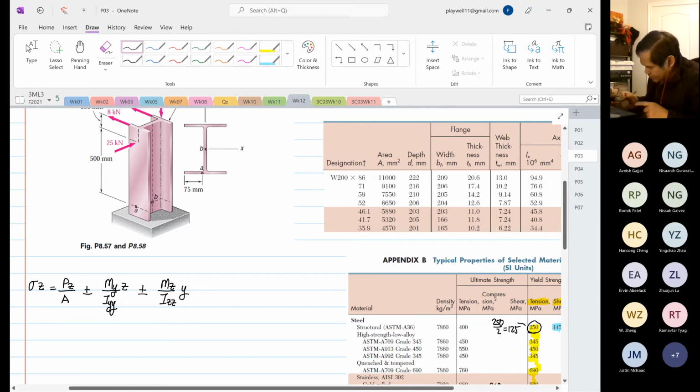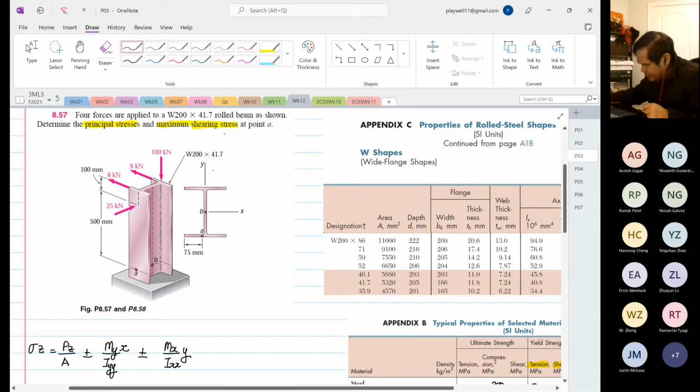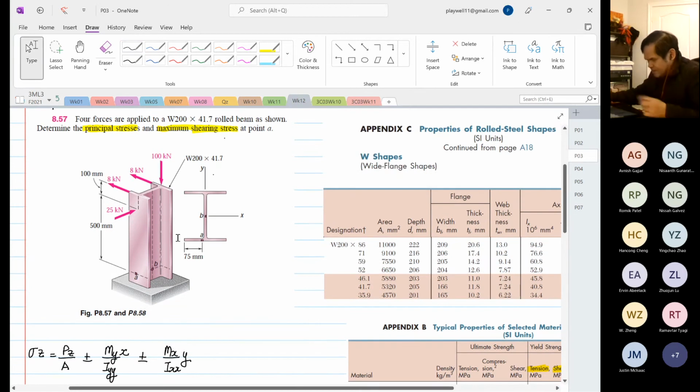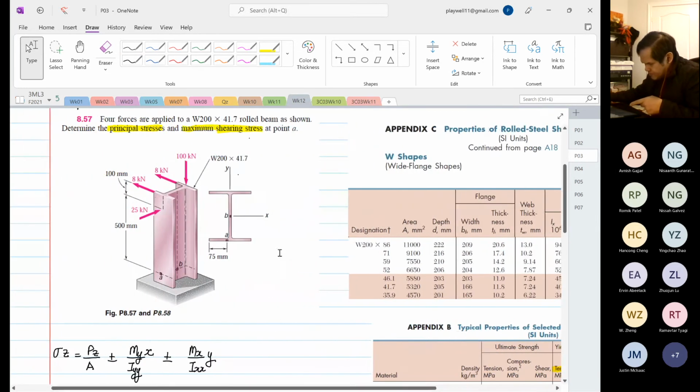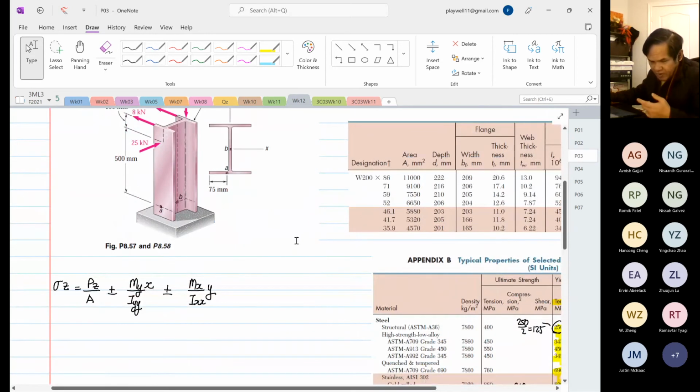No, this is wrong. I'll tell you why it's wrong, because it's no more in Z. Okay, so this is Mx over Ixx multiplied by Y, and this one over here is in X. Now, why that is the case, it is all dependent on our transformation. Okay, and I'll tell you how to define the transformation from this diagram over here. Okay, right. So this is one set of formula that we are going to use.